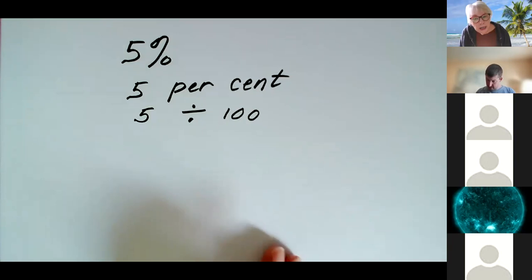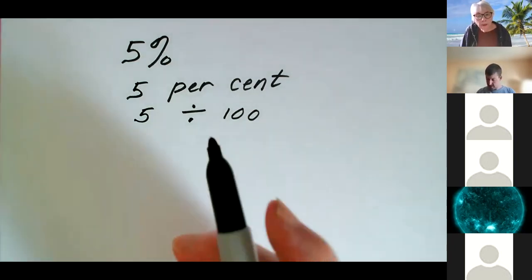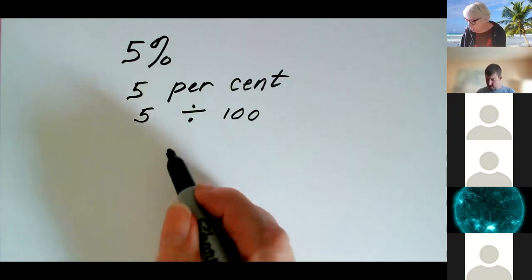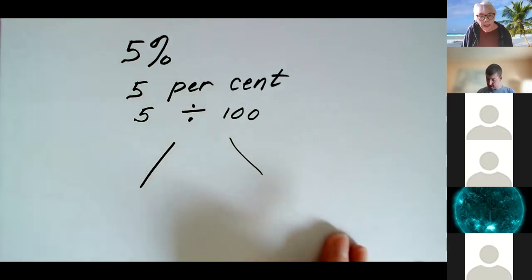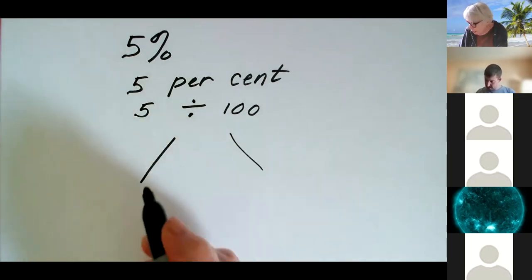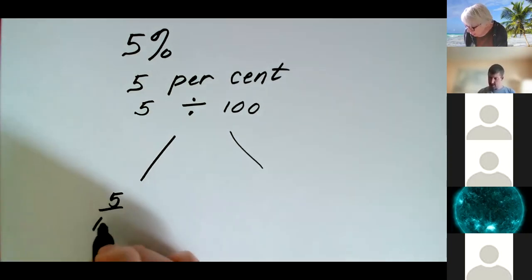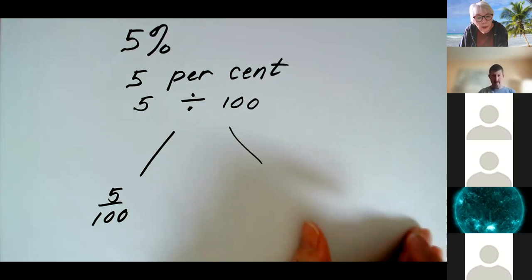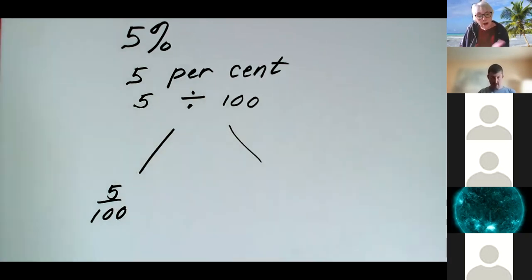So there's two ways we will work these problems. One way is the fraction way, and one way is the decimal way. So the fraction way, 5 divided by 100, would look like that. So 5 over 100, the fraction way.